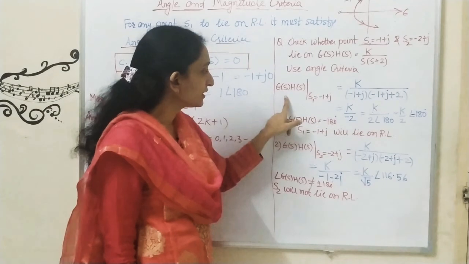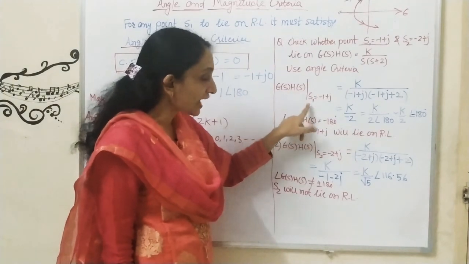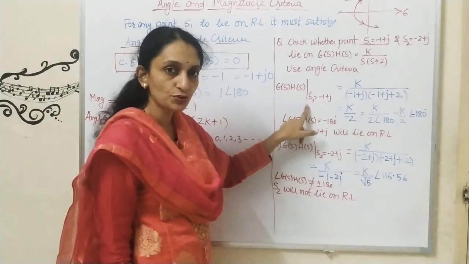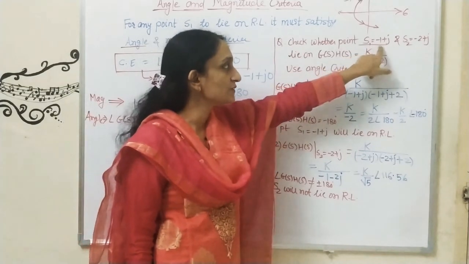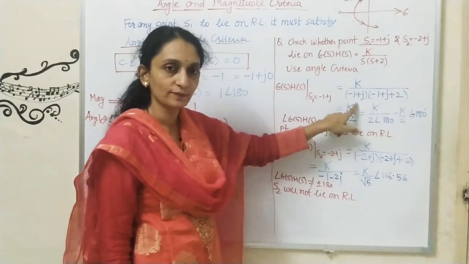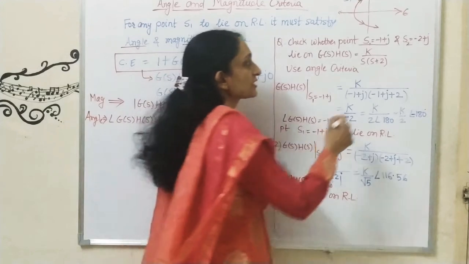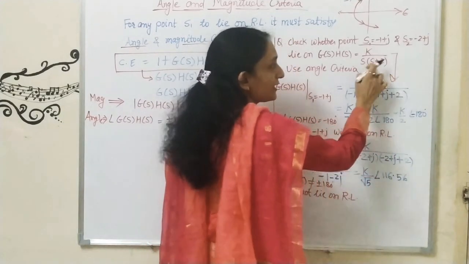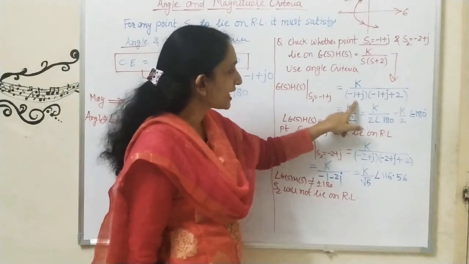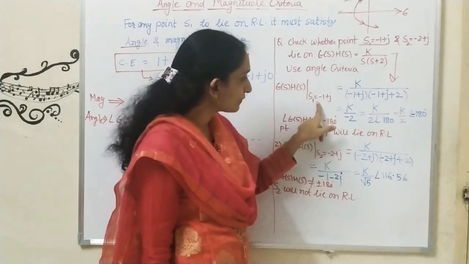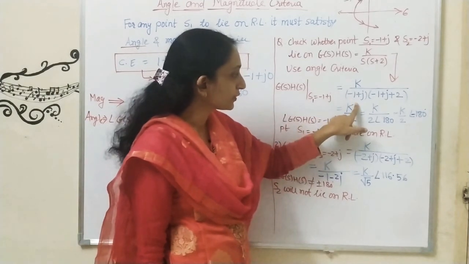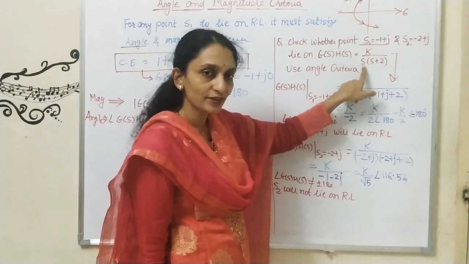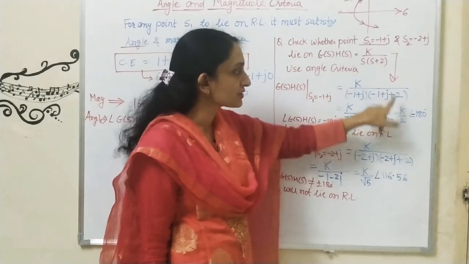I am substituting s is equal to minus 1 plus j in the transfer function K upon s(s plus 2). This will be K upon (minus 1 plus j)(minus 1 plus j plus 2).